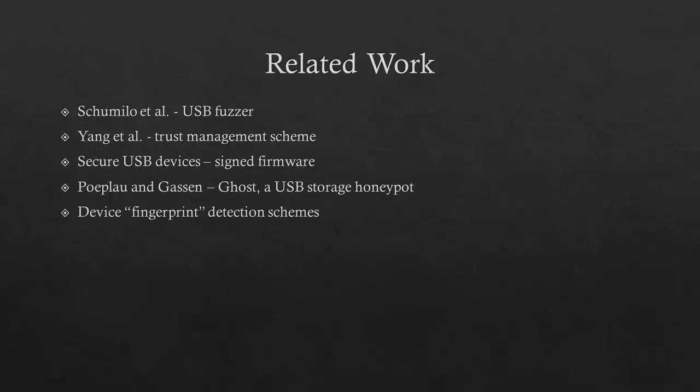Ghost USB Honeypot implements the opposite strategy of USB Honeypot by acting as a USB storage device for malware detection on a host. While useful, this does not allow Ghost to detect or prevent firmware-based attacks. Multiple device fingerprint detection schemes have been proposed, including with 802.11 devices, Ethernet cards, and RFID cards using various electronic signature analysis techniques. It is unclear whether these approaches could be applied to USB devices.